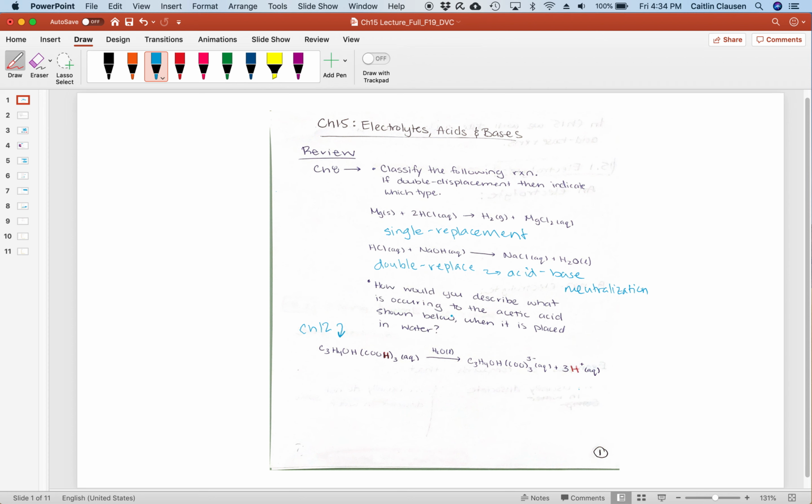The second question I asked was, how would you describe what is occurring to the acetic acid as shown below when it's placed in water? So this is a throwback to chapter 12. We've got acetic acid as the solute. Water is the solvent. We have a solution of this. And when acetic acid is placed in water, you'll notice that where there were 3 hydrogens attached to these COO groups, now you have 3 COO minus groups and 3 protons.